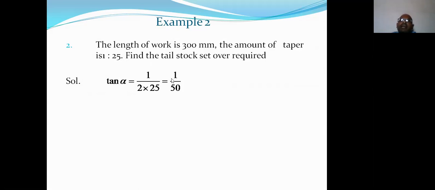The tan alpha value equals 1 by 50. Tan alpha is the same as sin alpha, so sin alpha equals 1 by 50. Now, set over length equals L into tan alpha. What is L? The total length of the job, that is 300 mm. So the offset distance required for the tailstock center is 6 millimeter.